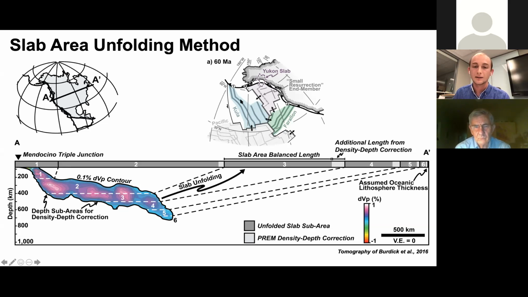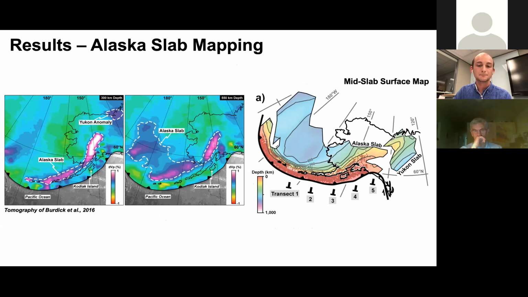So we would repeat that for each of these dark lines, where each of those lines represents one slab unfolding measurement. And then we can take these measurements and input them into a kinematic plate model and develop a tectonic model around them.